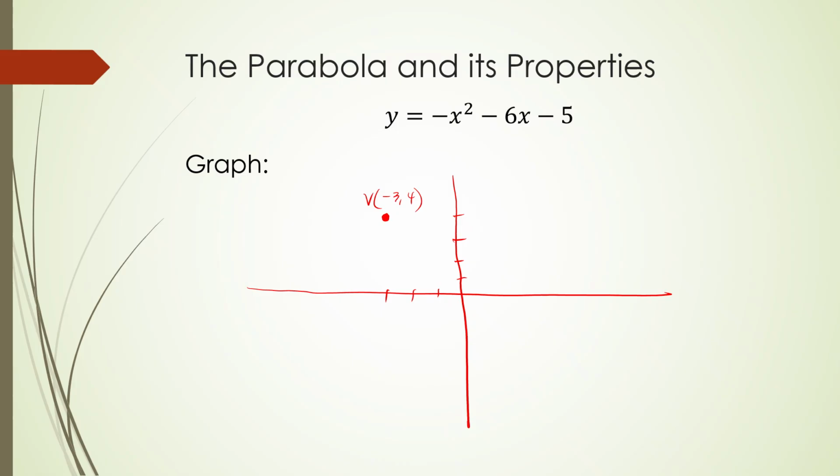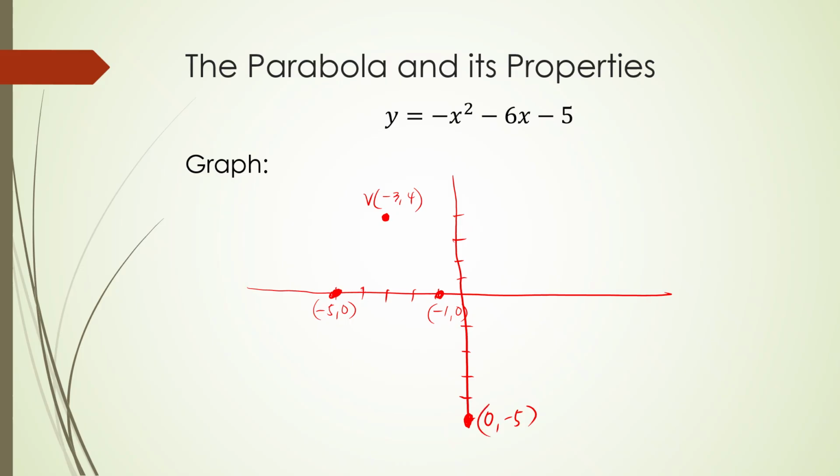Then let's go over with the x-intercepts. The x-intercepts are negative 5 and negative 1. So negative 5, 0, and this one, negative 1, 0. And for the y-intercept, we have here negative 1, negative 2, negative 3, negative 4, negative 5. So therefore 0, negative 5.